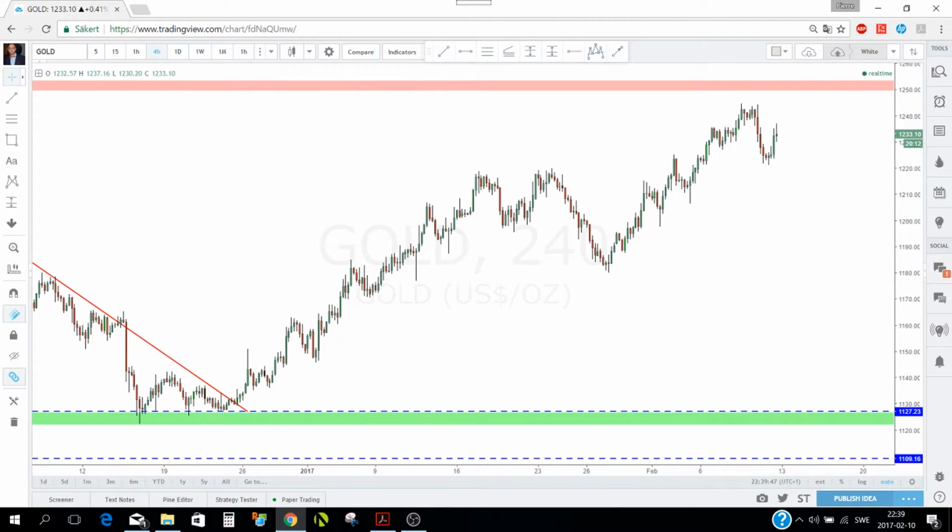So what is Fibonacci retracement, and what is the Fibonacci retracement tool, and how to use it?